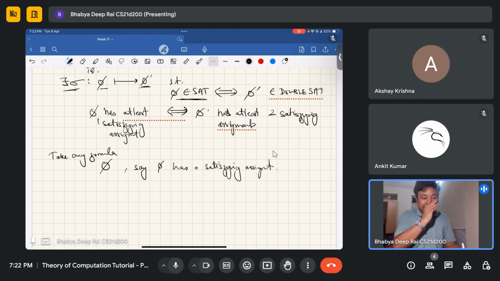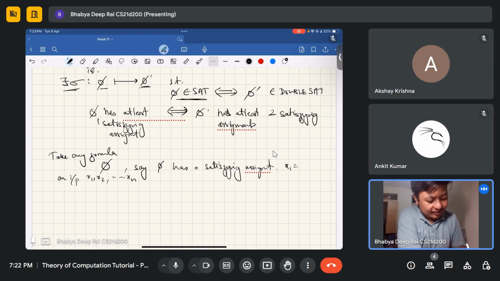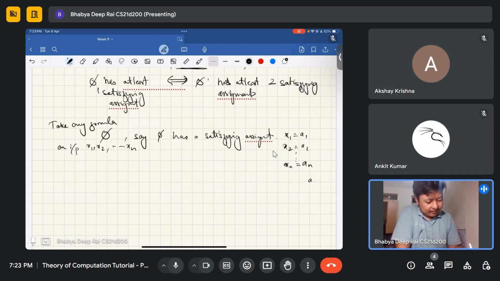Say phi is on inputs x1, x2, and so on till xn, and it has a satisfying assignment where x1 is set to a1, x2 is set to a2, and so on, xn is set to an, with a1 to an in 0 1.